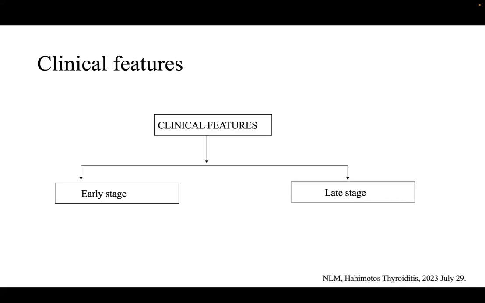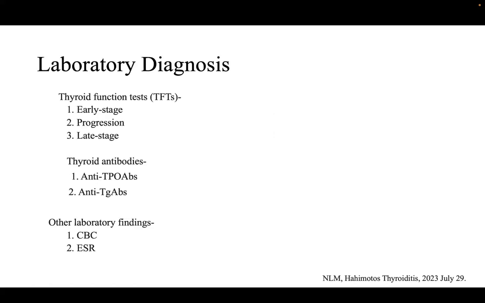And in the late stage, the thyroid can become normal size because of the extensive fibrosis which has occurred, and the patient will manifest signs of hypothyroidism. Going to the diagnosis, you will consider doing the thyroid function test, which will vary depending on what stage it is in.